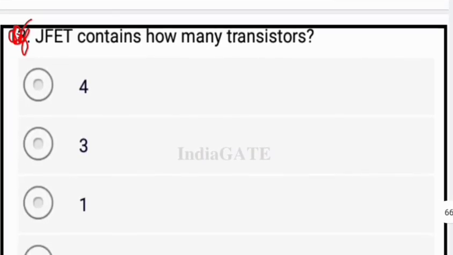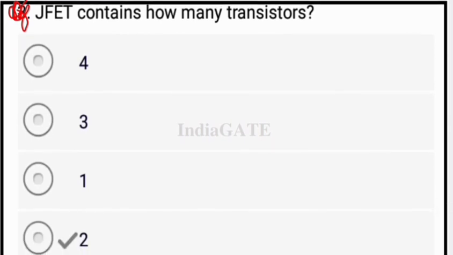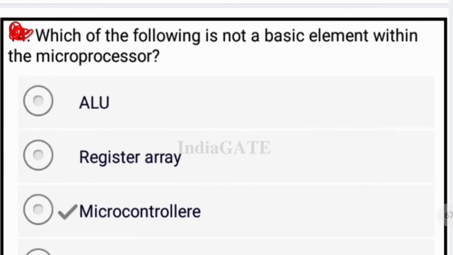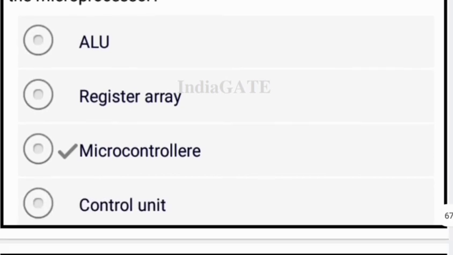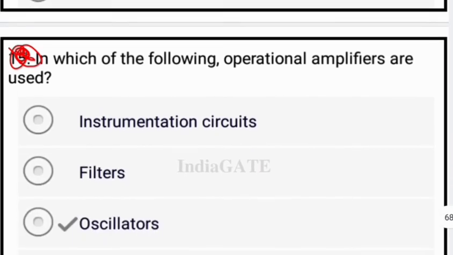Here, JFET contains how many transistors? So JFET contains only 2 transistors. Okay, now next question is: which of the following is not a basic element within a microprocessor? So microcontroller is not a basic element of the microprocessor, where ALU, register array, control unit are very important for the microprocessor.